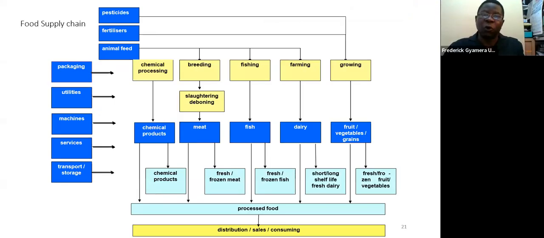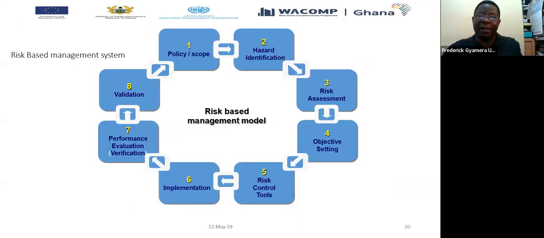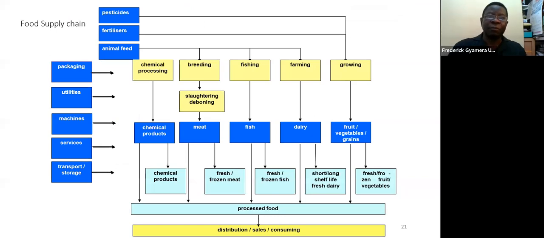Now, so you see how the linkages are. A lot of things will come in as the input, raw material, your packaging material, utilities, machine, services, transport, and storage. You should consider all this within the spectacle of risk management.